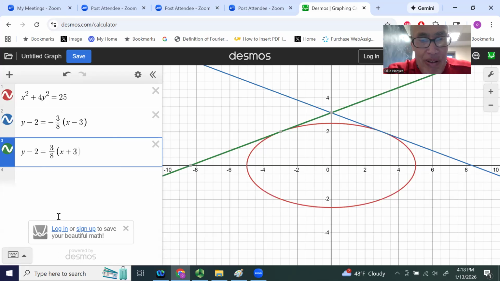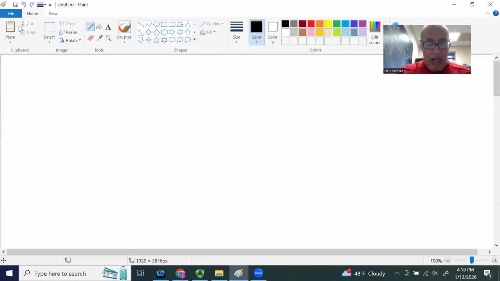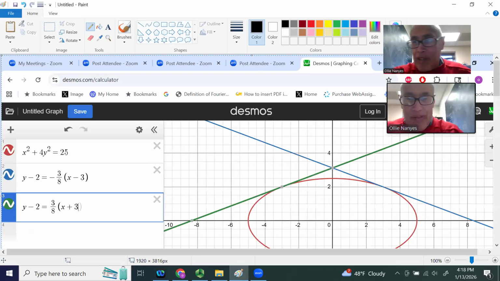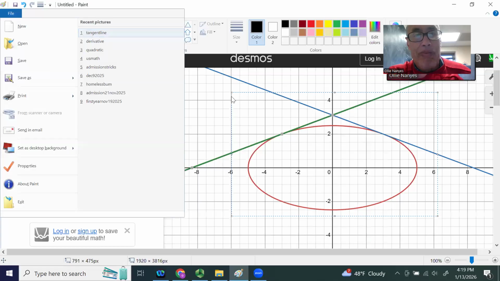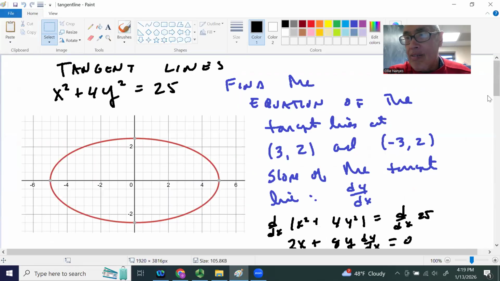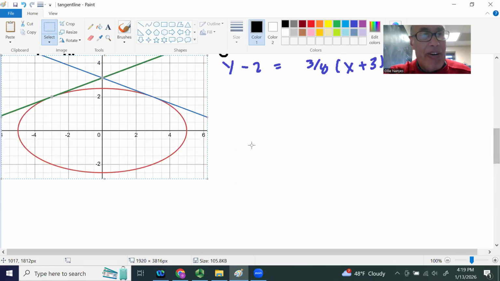What is of interest, I'll take a screenshot of that because I do think it's interesting, and I want us to have this in the notes. We can see that our graph of our work is shown right here.